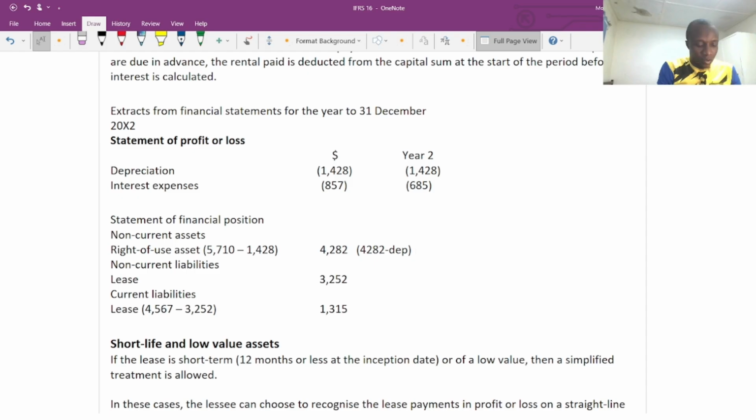Just a minute, let me use my calculator. 4282 minus depreciation of 1428. So it will give us 2854 for year two. Then we are going to split the liability between current and non-current.